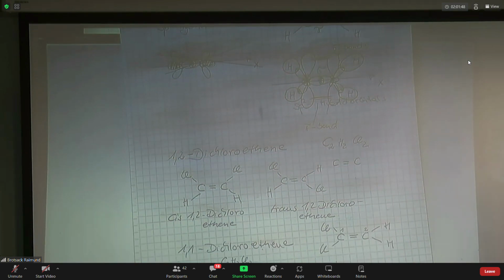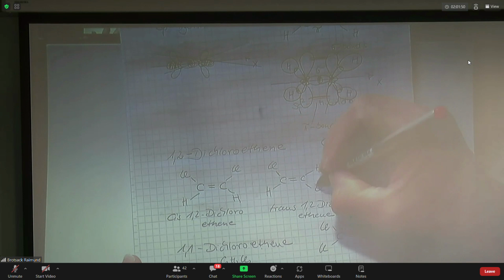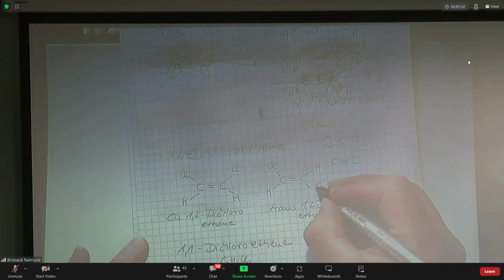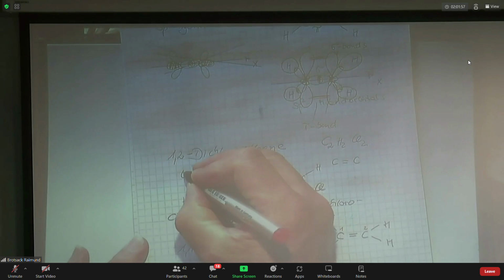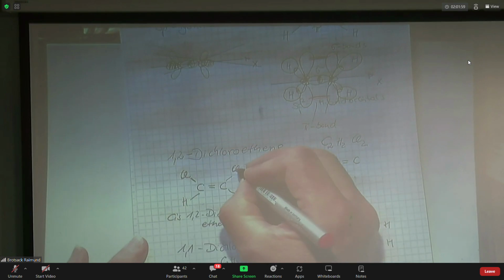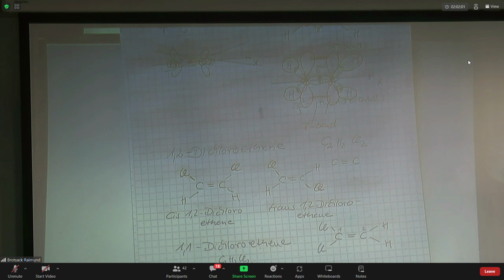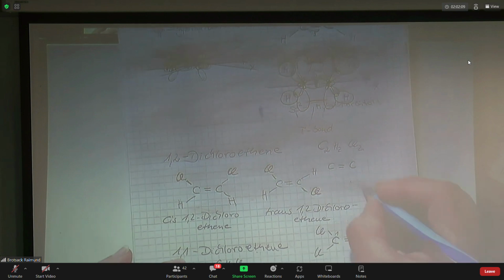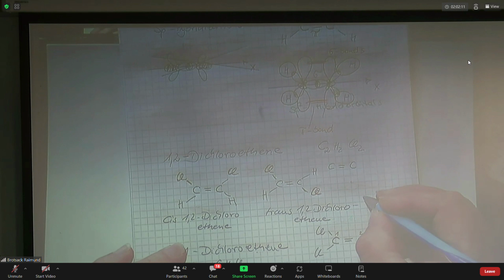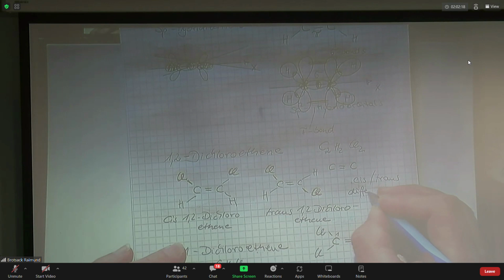Because here we have the chlor atoms on the opposite sides. And here we have them on the same side. And we are not allowed to rotate. Cis and trans are different molecules. So cis, trans, different molecules.